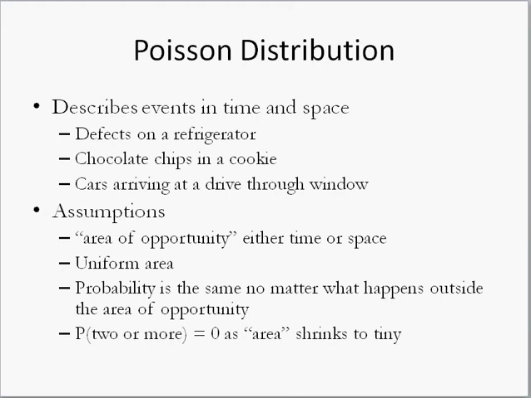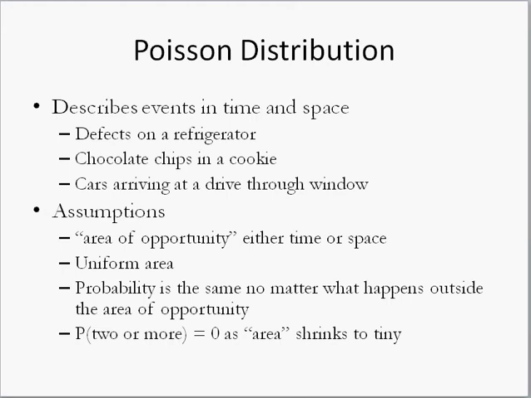So I could ask, how many cars do I expect to come to lunch, or what's the chance 17 or fewer cars come during the lunch hour? You could do this, and this describes all events in time and space subject to a few assumptions.